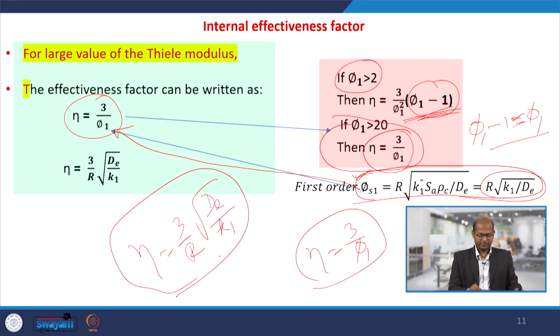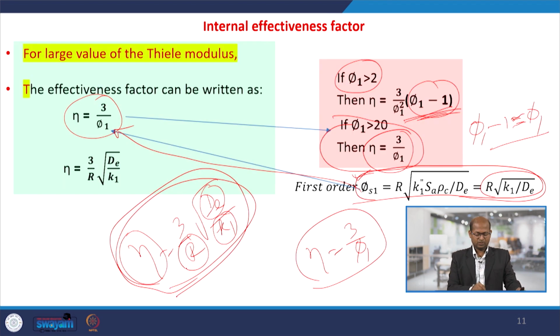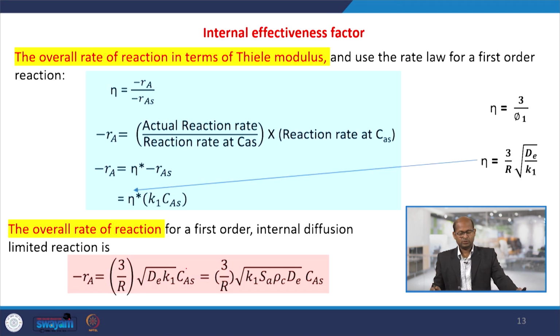So, the effectiveness factor here relates particle size, reaction rate constant, and effective diffusivity. These components are related to each other, so if we vary one component, the others would give a particular value. Okay.